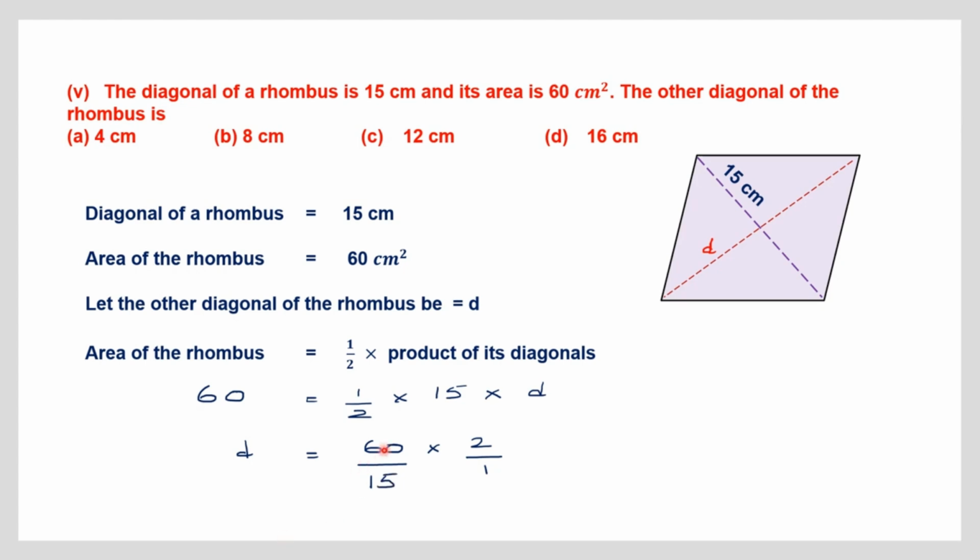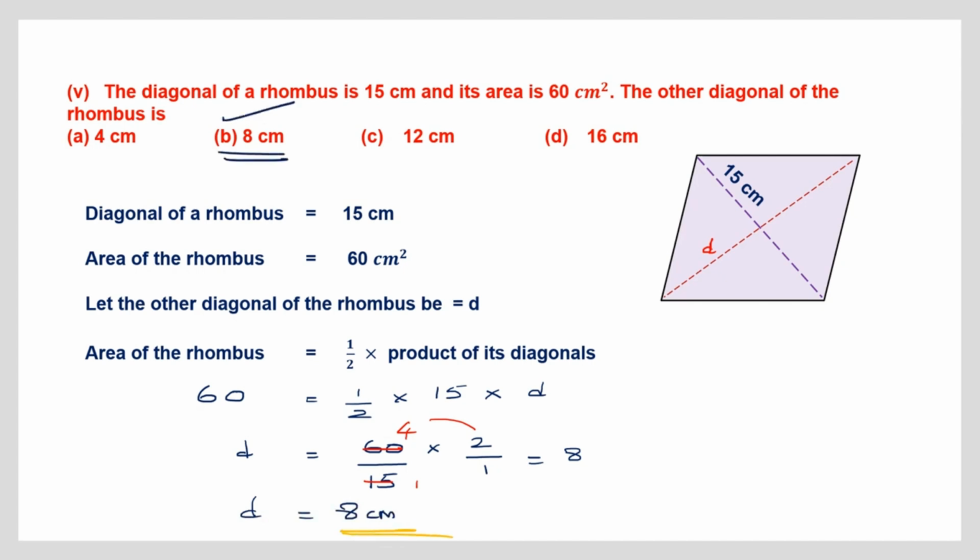So here we have 60 by 15 into 2 by 1. Let's cancel. Now we can cancel these two. 15 ones are 15, and 15 fours are 60. Now multiply the numerators. 4 twos are 8. So we have found the measure of the other diagonal, and that is 8 centimeters, and that is option B.